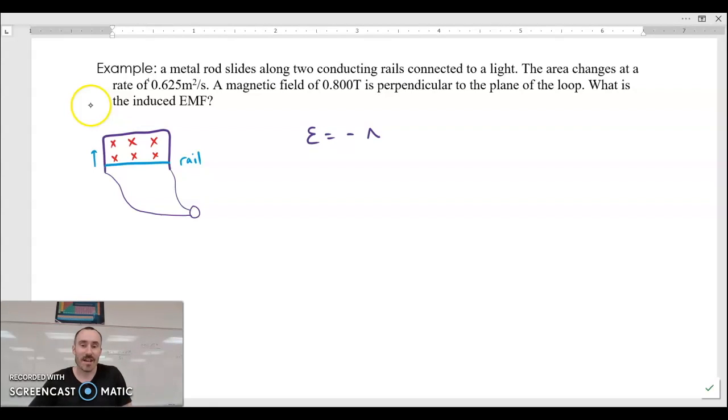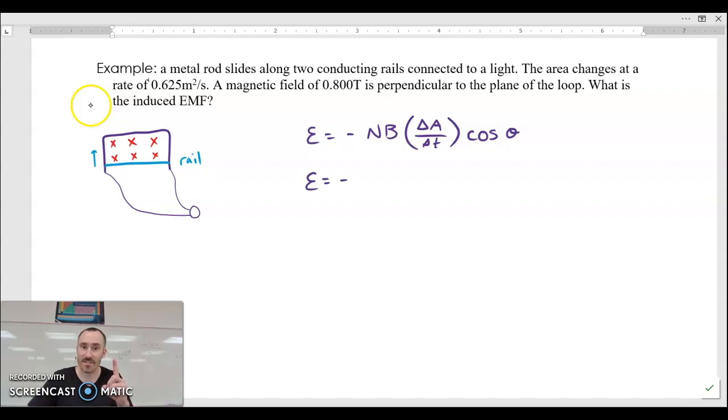That's negative NB, and then let me put in the version that uses the rate of change of area, times the cosine of theta. So there's your area change formula. And so we get negative N. How many loops is this?